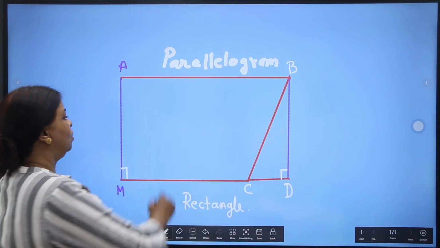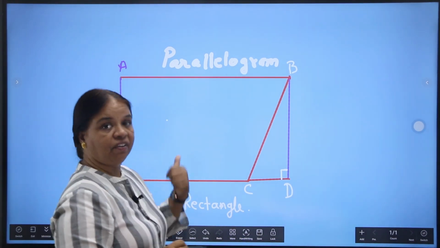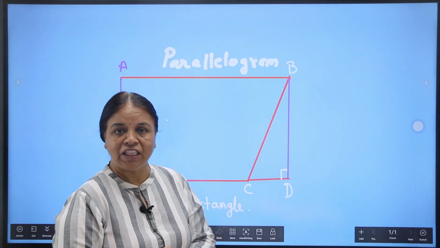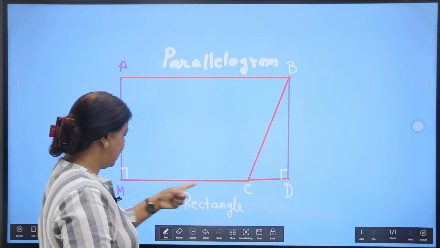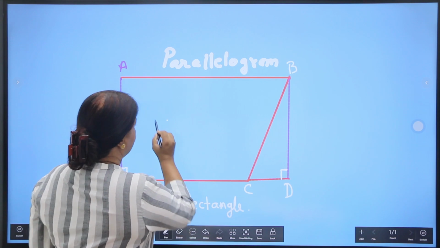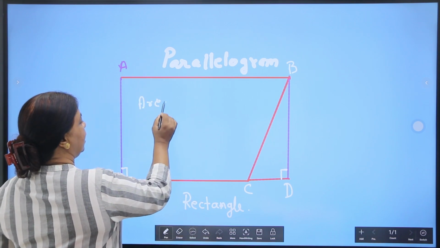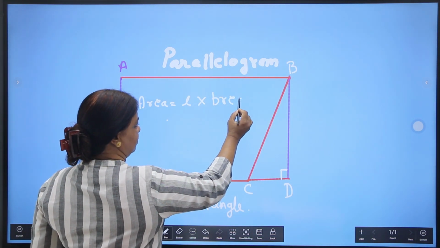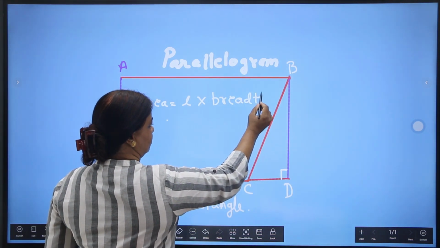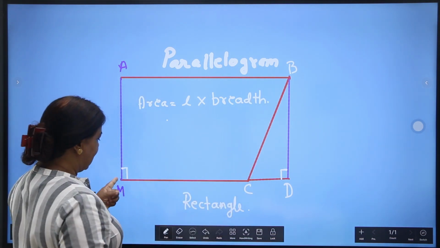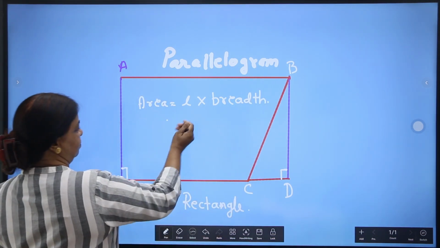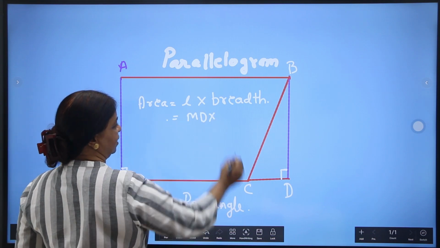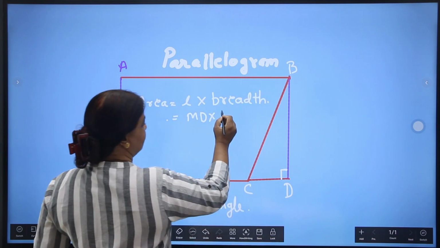Now if I want to find out the area of this figure, as it is a rectangle, area of this figure will be nothing but length into breadth. This is the length. So area will be equal to what? Area of this figure will be length into breadth. Length is MD and breadth is BD.